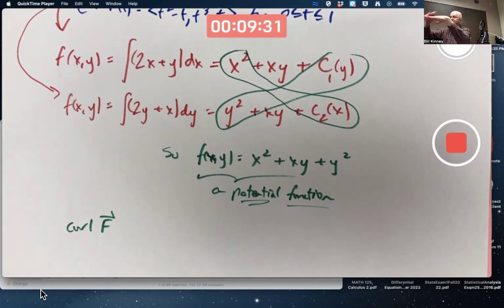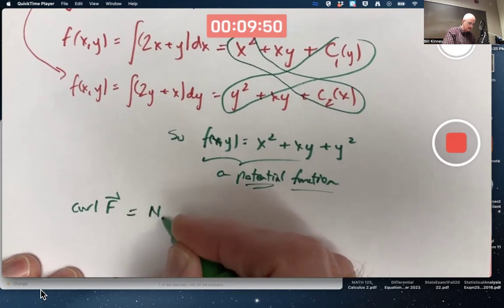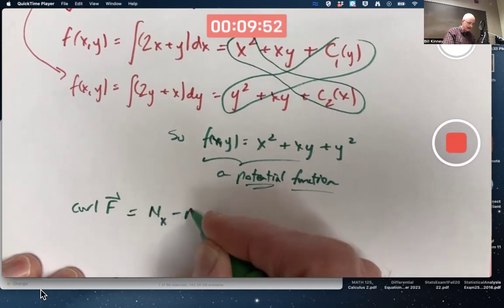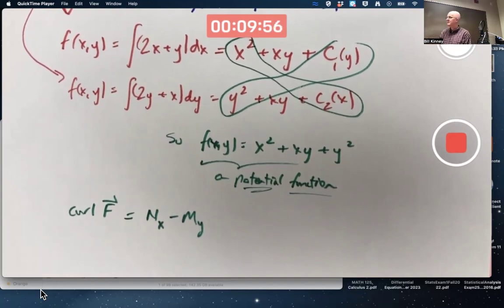For a two-dimensional vector field in the plane, if you compute the regular curl for it, you get a vector pointing straight up or straight down, perpendicular to the plane, with the x and y components that are zero. The only non-zero component is the third, z component. So effectively, in writing down this formula here, that you do N_x − M_y, we're looking at that third component.